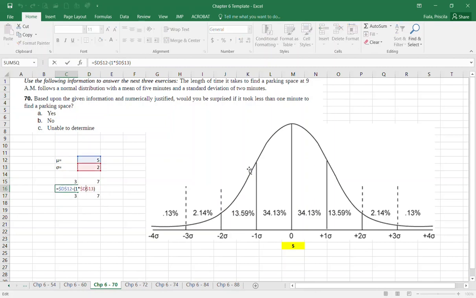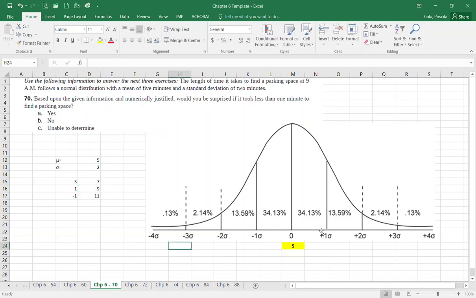I just have to do minus 2 standard deviations, and then for the last one, 3 standard deviations.